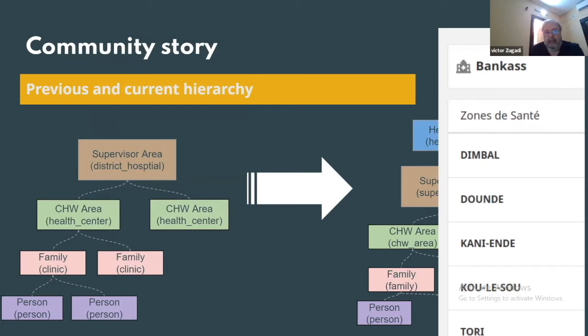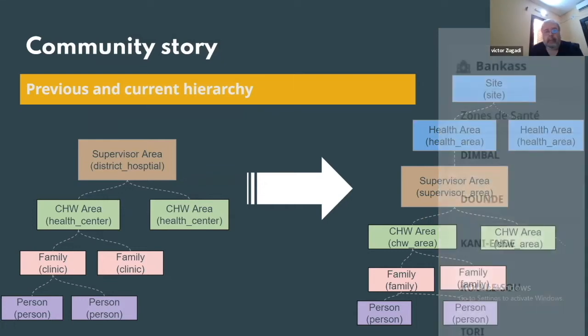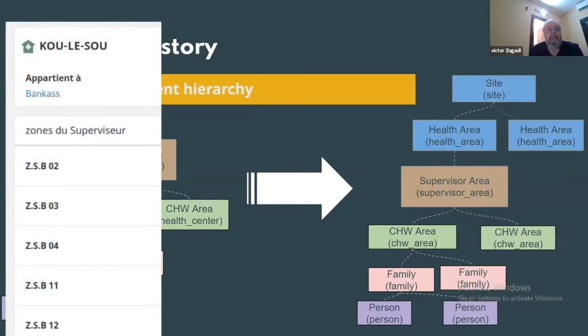If we click again twice, please, it will show, in one health area, all of the supervisor areas from the old hierarchy. This is already an advantage of the new hierarchy, since it is a better logical organization. But really, this is not the main reason for the new hierarchy. One of the main goals of the CHT is to guide community health workers to follow medical protocols when providing health care.